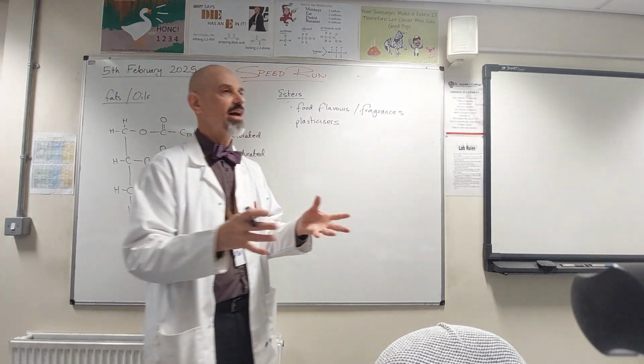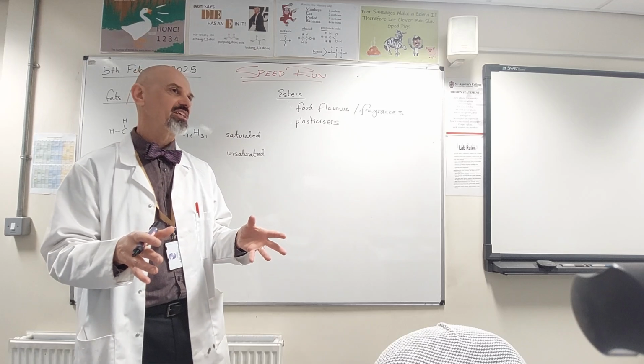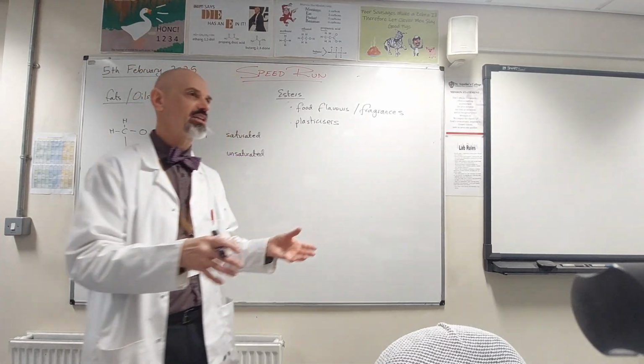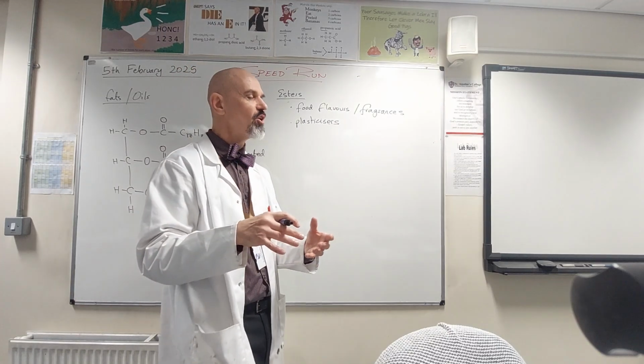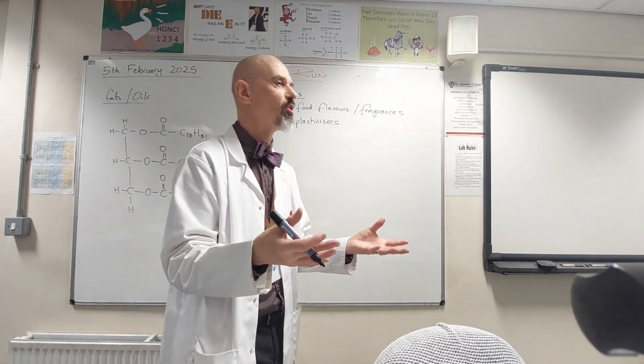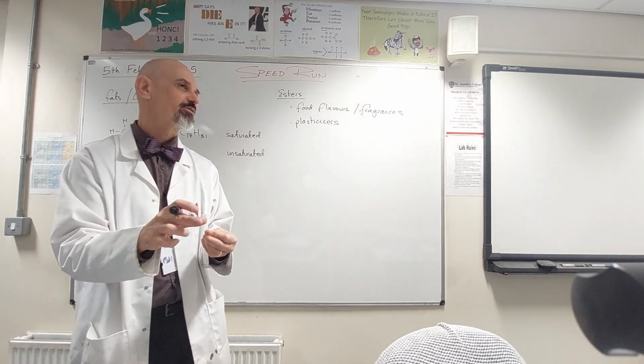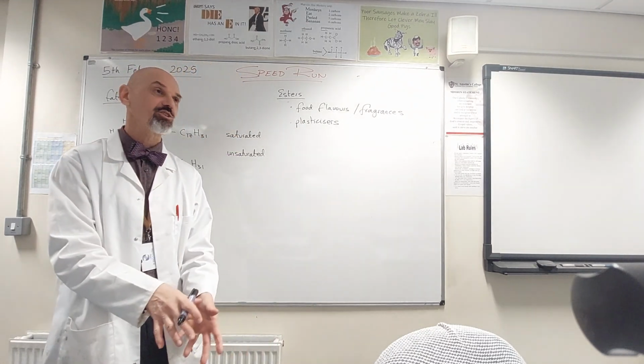Most of those will have only carbon-carbon single bonds. So that's what we mean when we talk about a saturated fat. But if you look at what sunflower oil contains, it has a little bit of saturated, and lots of unsaturated and lots of polyunsaturated.